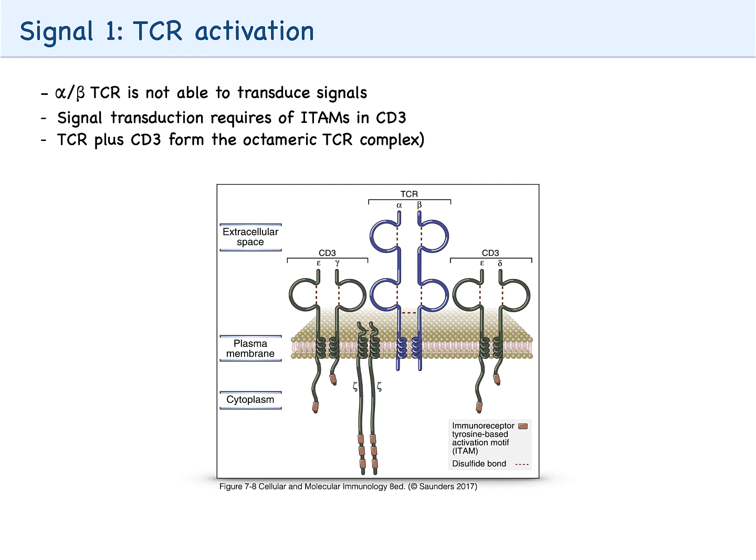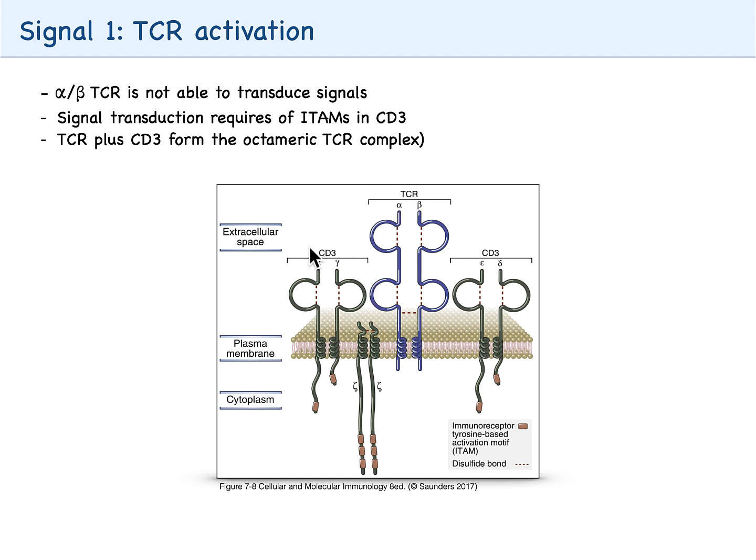Okay, so let's go through the different signals. We start, of course, with signal 1, TCR activation, and this is a representation of the T cell receptor and accessory molecules. You will be surprised, but the T cell receptor itself cannot signal because it doesn't have ITAMs. It can get activated, there is a conformational change when it recognizes antigen, but it cannot signal itself.